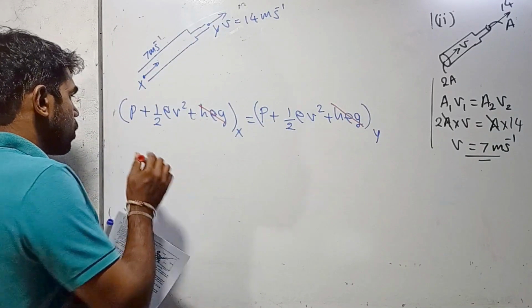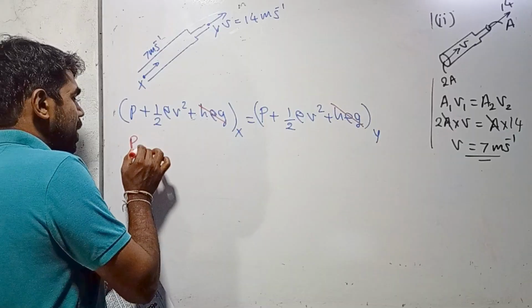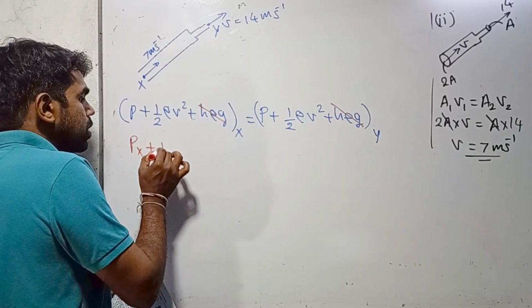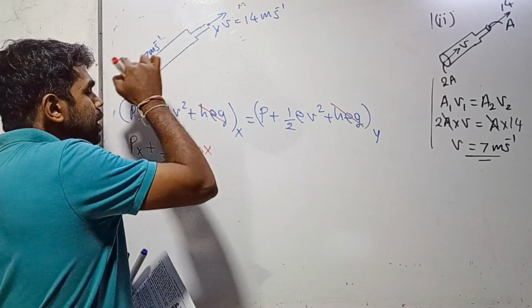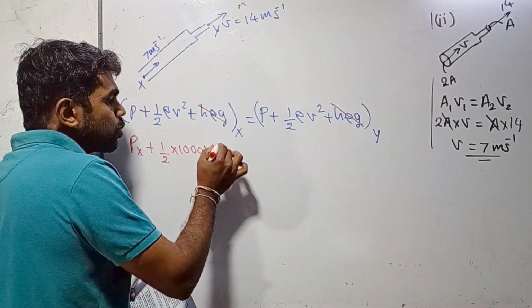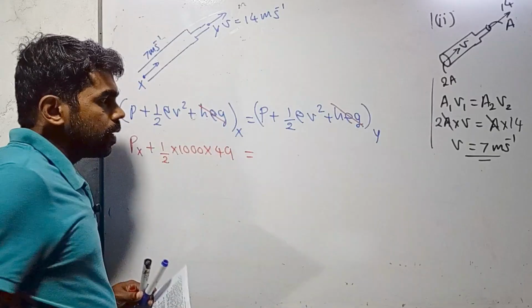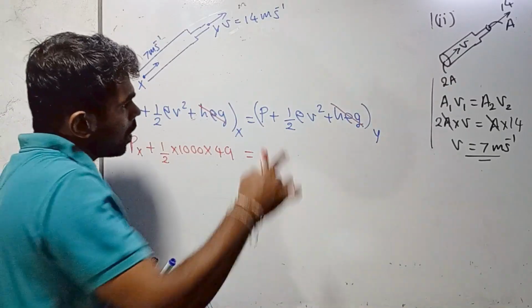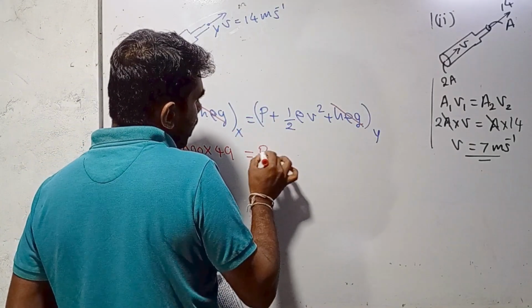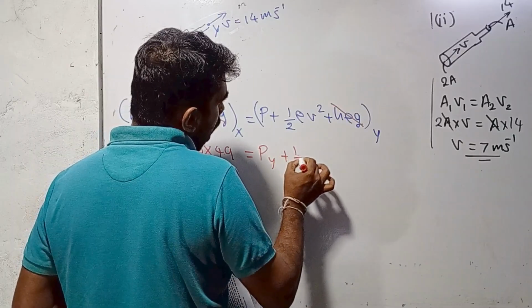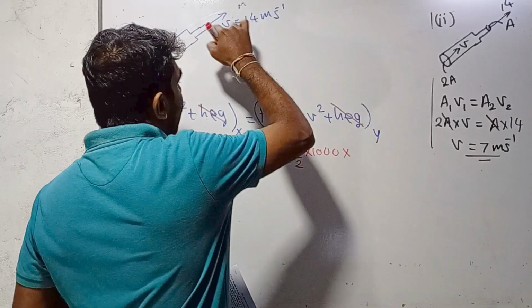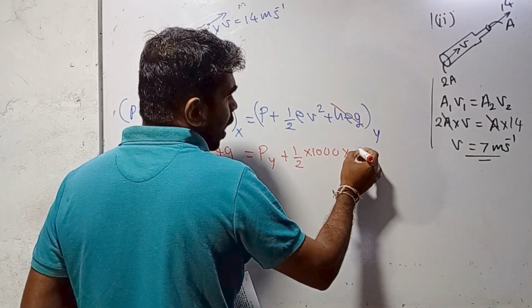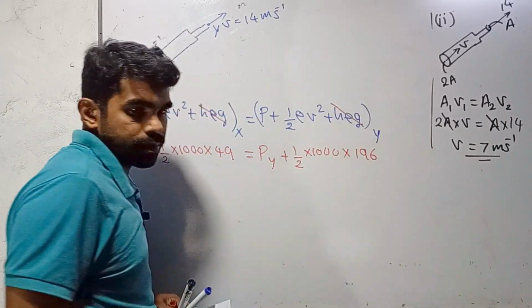Then I will get pressure at X, Px, plus half density of water 1000, velocity at this place 7 squared, 49, equals pressure at Y, Py, plus half density of water 1000, velocity at Y is 14 squared, 196.